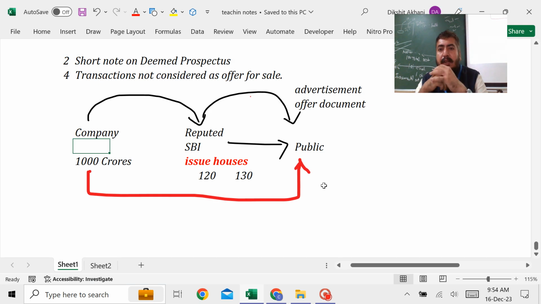So something wrong is mentioned in this offer document and some of the members lost the money, and here the question comes whether the company's directors or the State Bank of India's officers who were handling this entire issue are liable under section 34 and 35 or not. That is only the simple question. Are they liable under section 34 and 35?